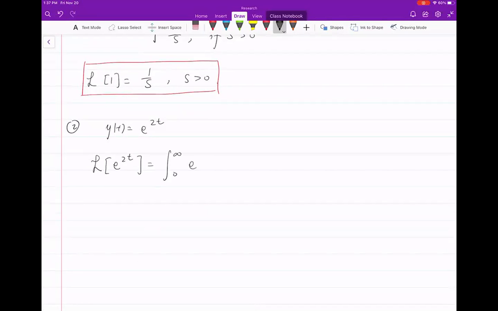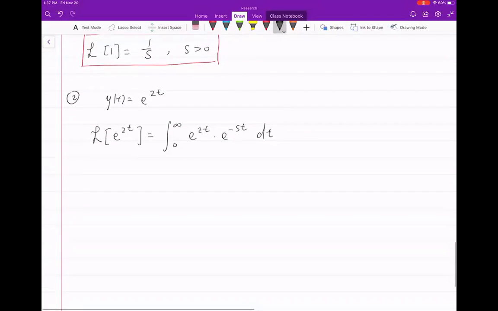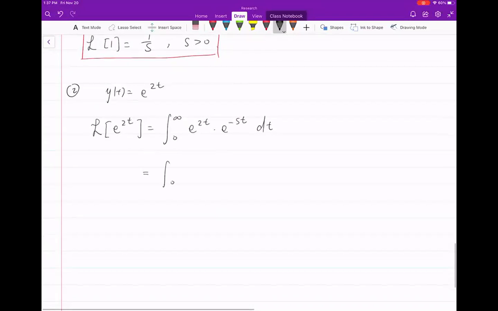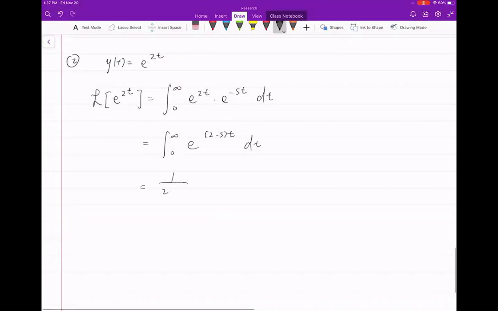That's going to be the integral of e to the 2t times e to the negative st dt, which is e to the (2 minus s)t dt. Now again, I have this, from 0 to A, the limit as A goes to infinity.